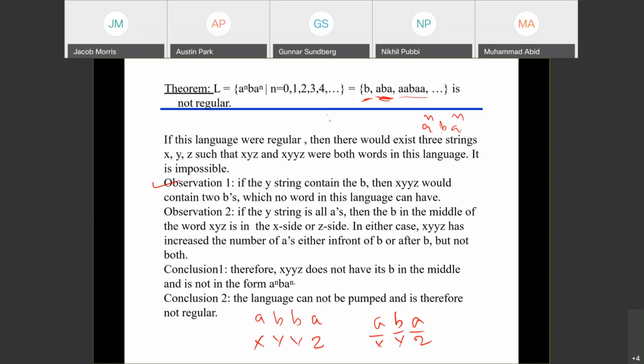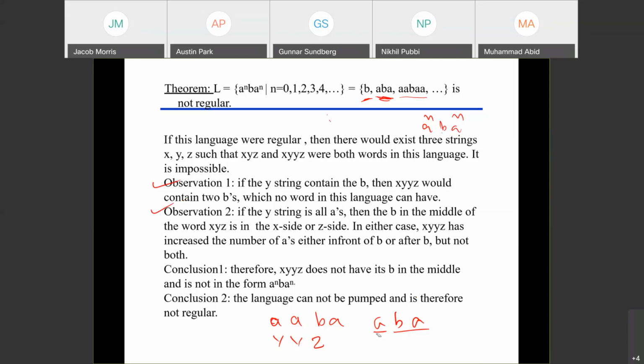If the Y string is all A's, either in the start or in the end, and now if you pump that, what should be your language? Sorry, we do not have X here. So A, and B, A. Yes, this is again a violation of the language. You have a different number of A's on the two sides. Or maybe this is with the other part.